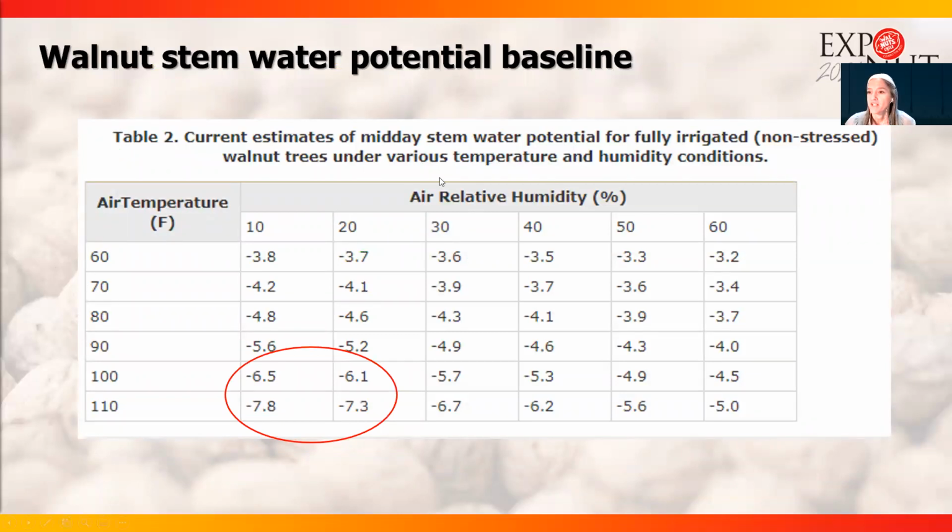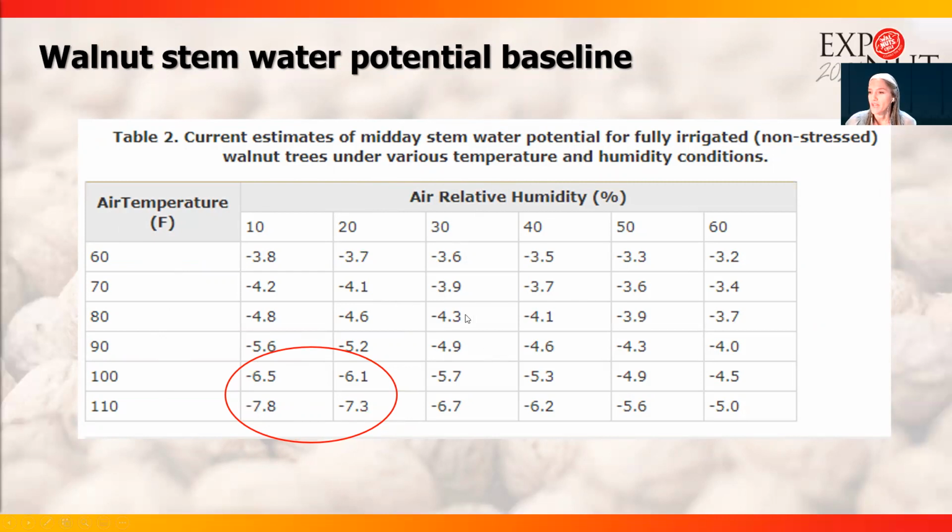Midday stem water potential values for a fully irrigated walnut tree, what we sometimes refer to as the baseline level of stress, are going to vary depending on the relative humidity of the air and the air temperature. As air temperature increases and relative humidity decreases, that baseline will change and become more negative.